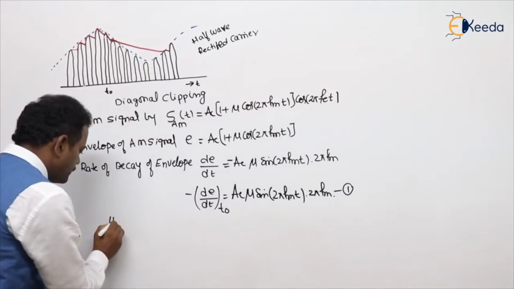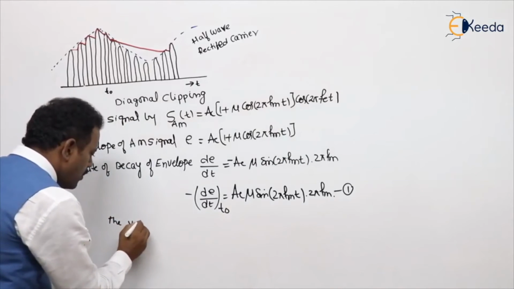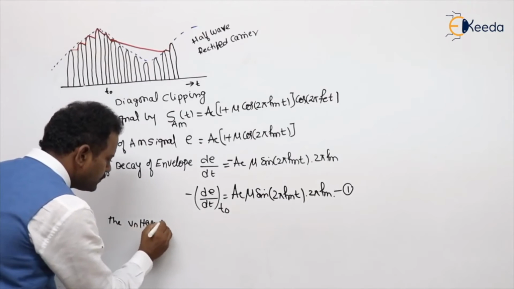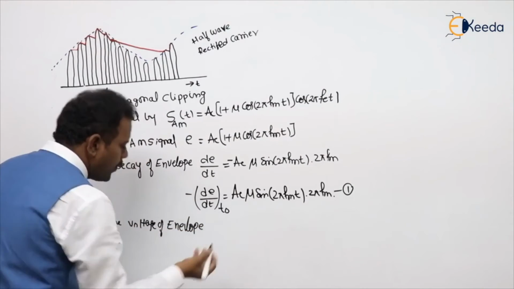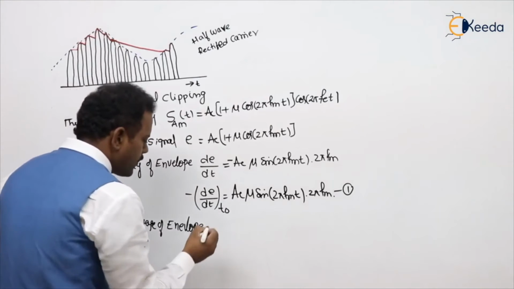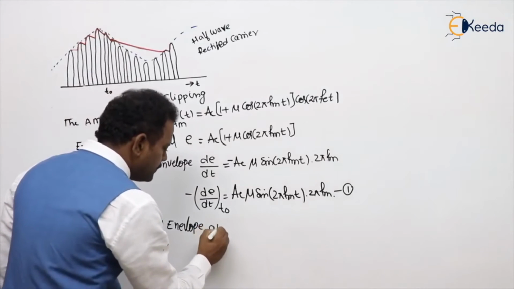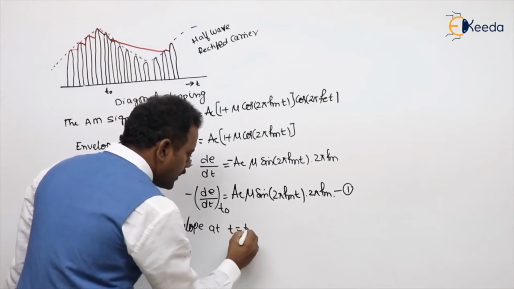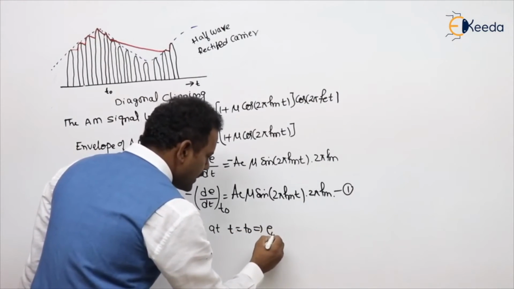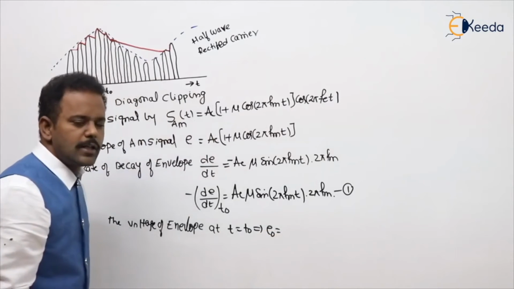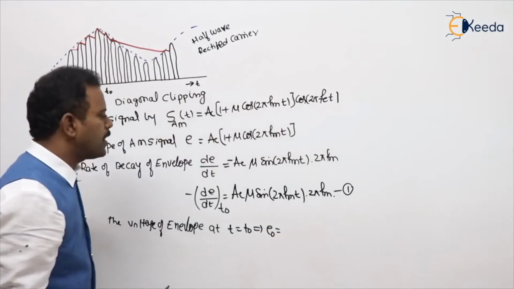The voltage of the envelope at t equal to t naught, I am calling E naught. What is the envelope voltage at t equal to t naught?